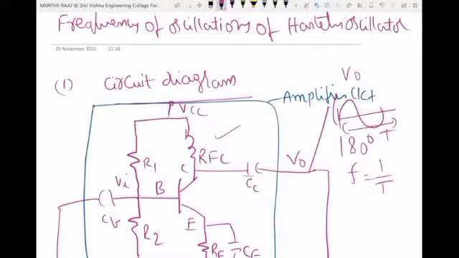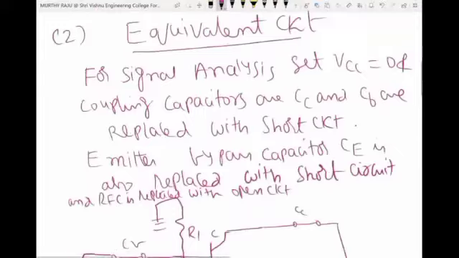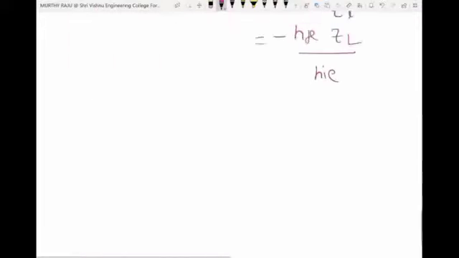The voltage gain of the transistor in CE configuration is current gain into load resistance by input resistance. Load resistance is ZL, input resistance is ZI. Current gain is equal to minus HFE because the transistor is used in the approximated H parameter model.